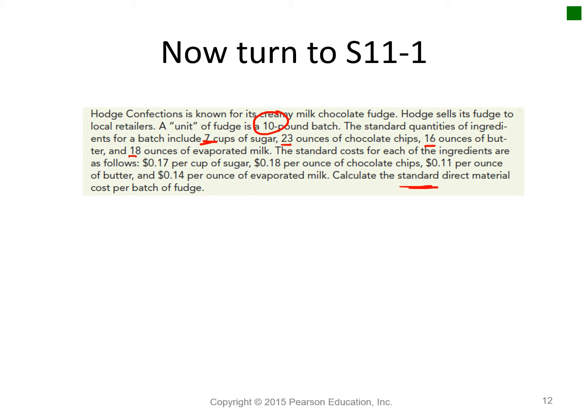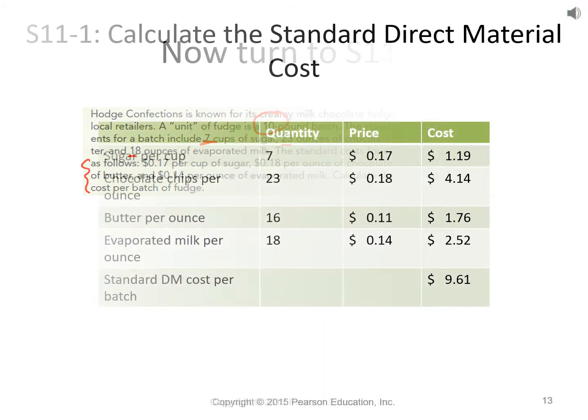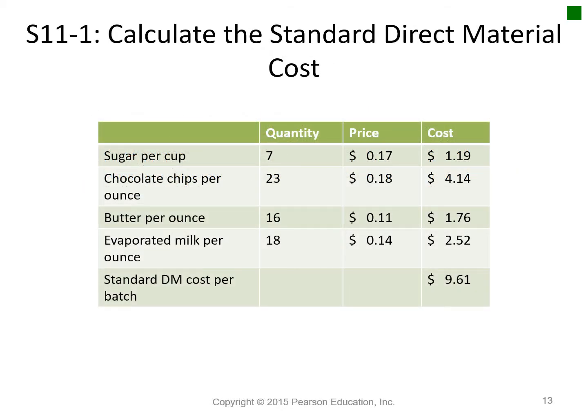The standard cost for each of these ingredients are given, so they give you the standards, and then they want you to get the standard direct material cost per batch. So the way you'd calculate this is you take these standard quantities, that's basically what goes into each product. You're going to multiply those by the standard price. So I'm going to label this as SQ, standard quantity, and the price as standard price.